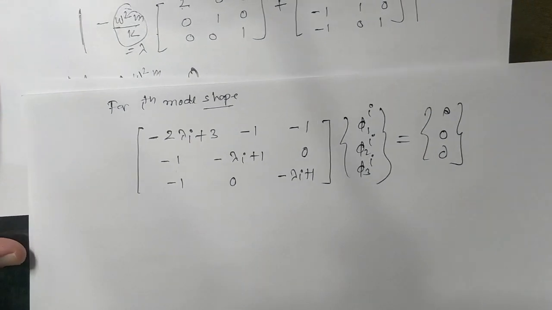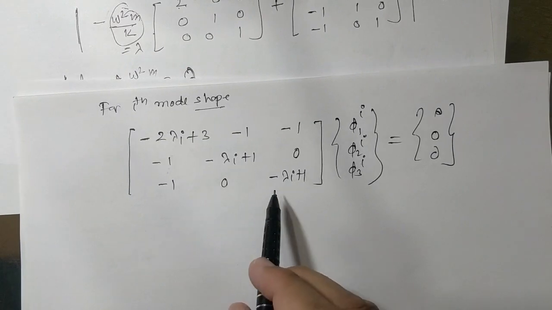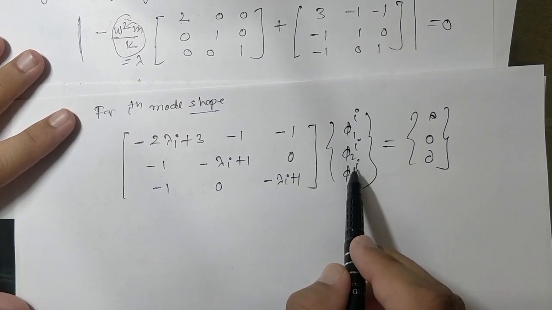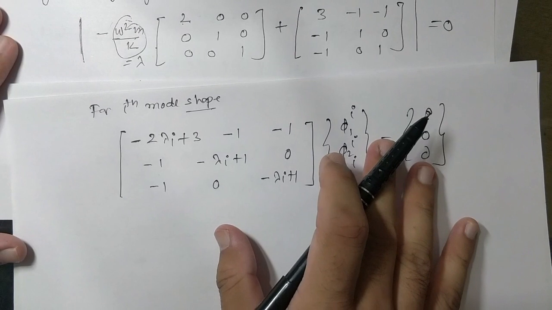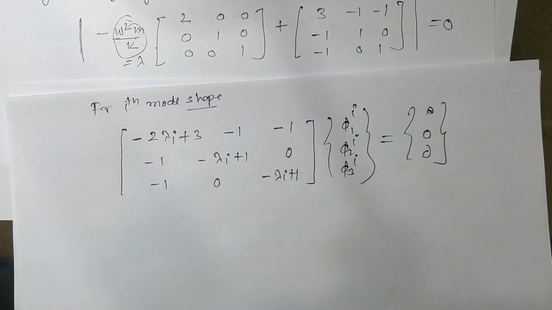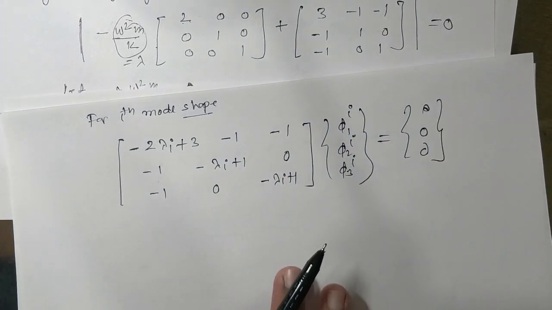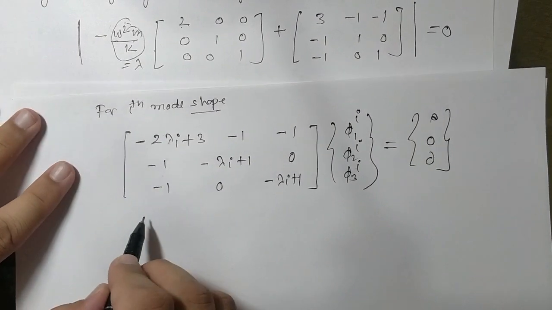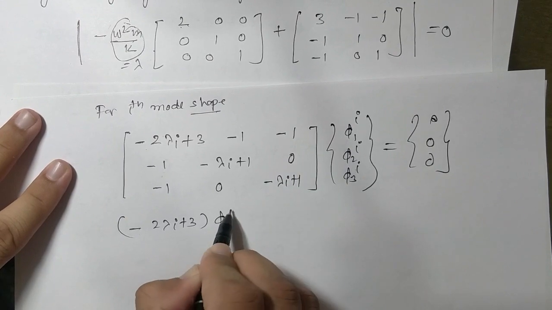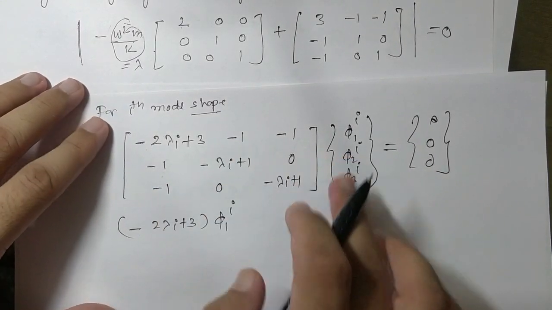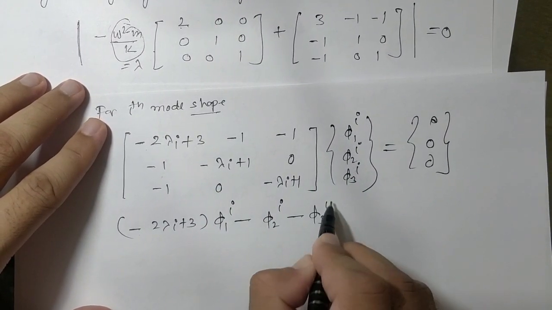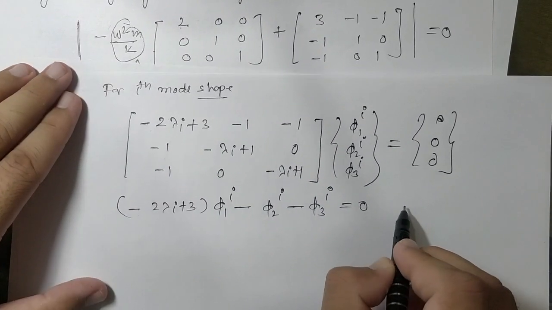If we solve this, we can find the values of the other two in the form of the third one. So let's write the equations. From the first row we can write minus 2 lambda i plus 3 multiplied by phi 1i, minus phi 2i, minus phi 3i equals 0.